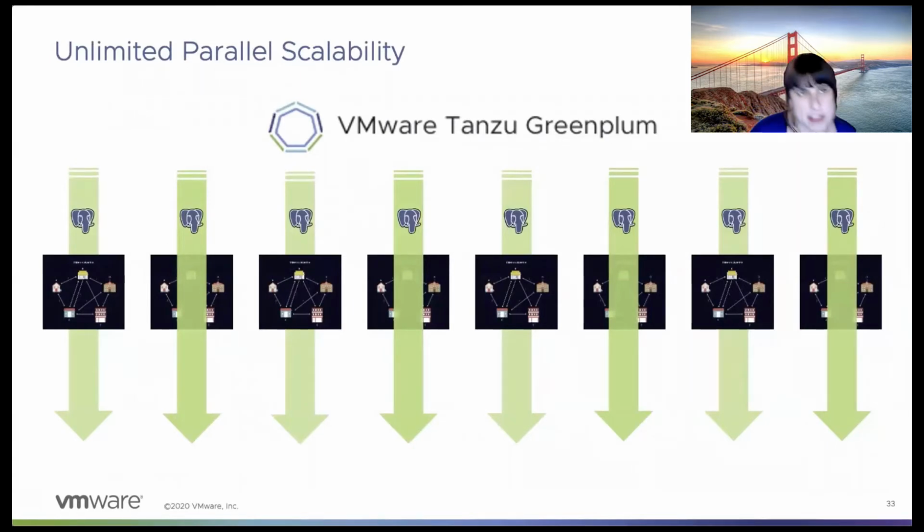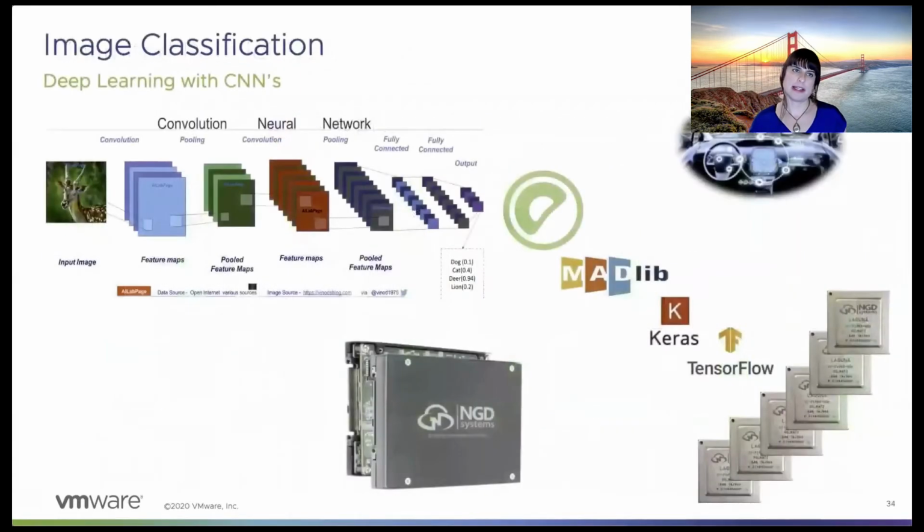So image classification is the final example I want to give you, and I'll give you a brief demo of both that and the graph theory next. But MATLAB uses convolutional neural networks to recognize and categorize images. So it uses Keras and TensorFlow under the hood.